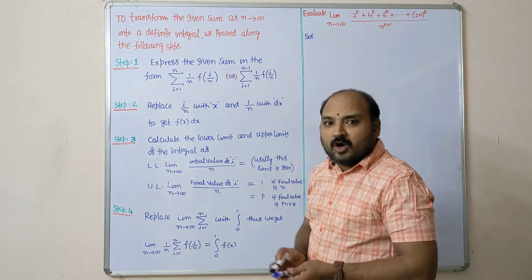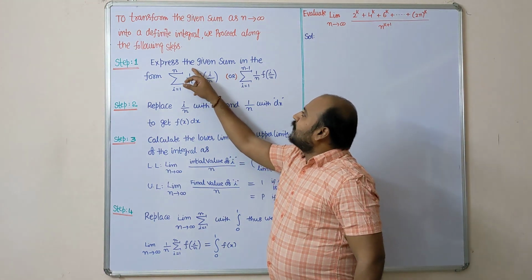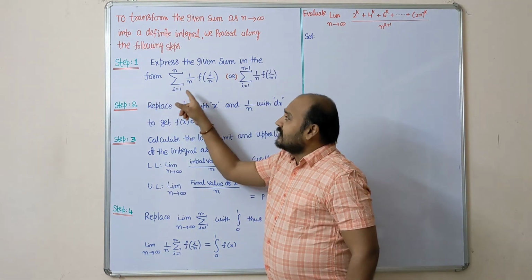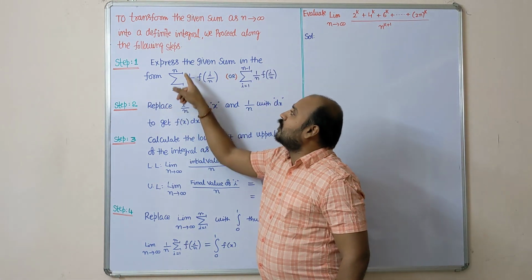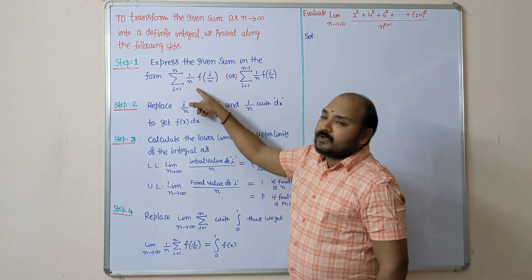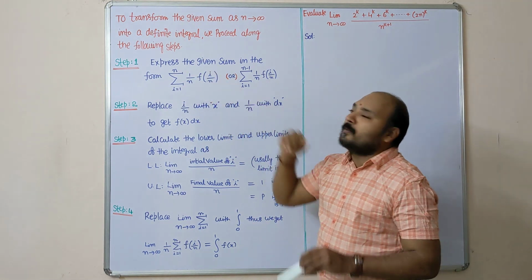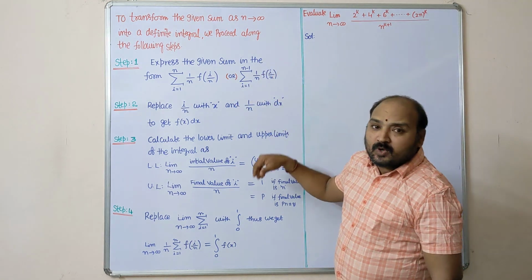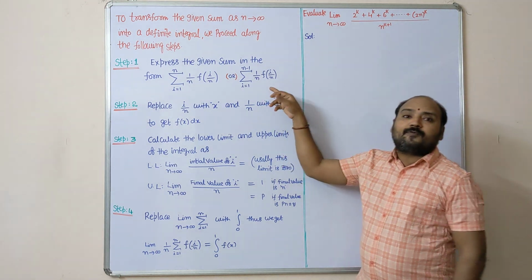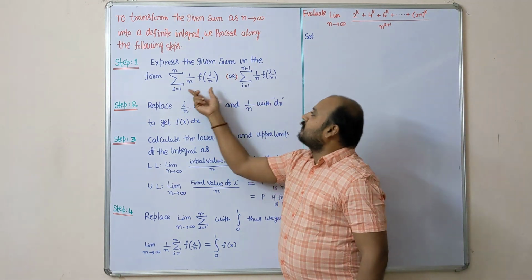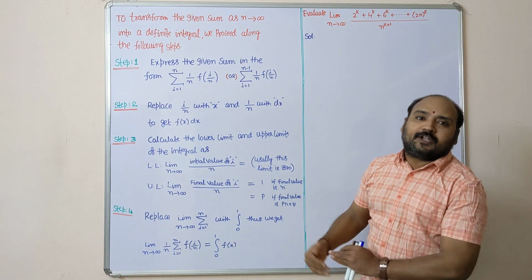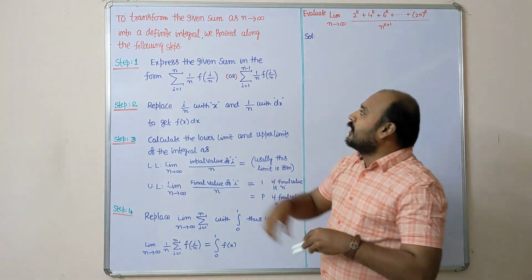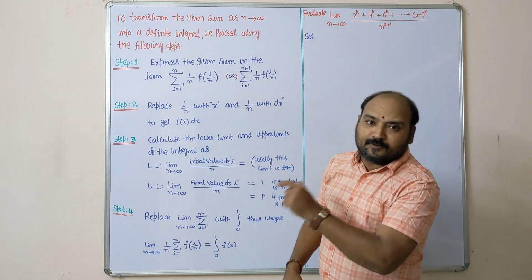In the first step, what we have to do is express the given sum in the form sigma, or summation, i equal to 1 to n, 1 by n f of i by n, or sigma i equal to 1 to n minus 1, 1 by n into f of i by n. Either this form or this form, you have to get it. So in step 1, express the given sum into this summation form.